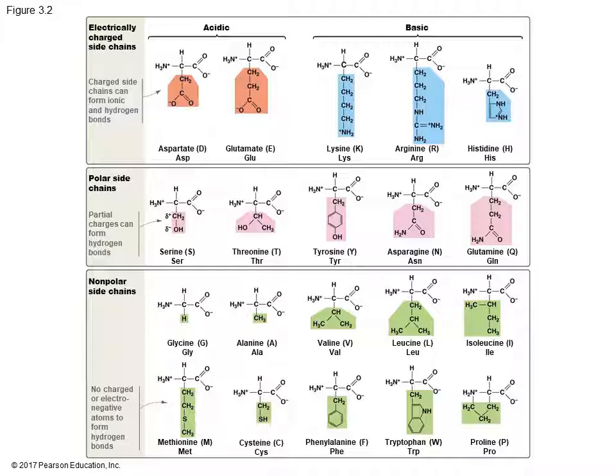In figure 3.2, you see all 20 amino acids. So the truth is, do you have to know this for the test? No, you don't have to know each of these, and you don't have to know what the side chain looks like, but you do have to know that it's the side chain that makes every single amino acid unique.